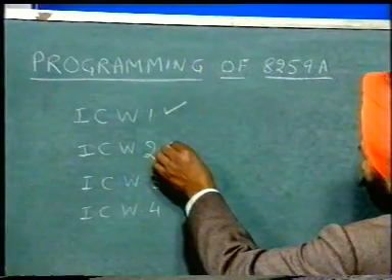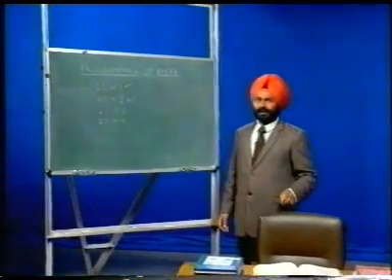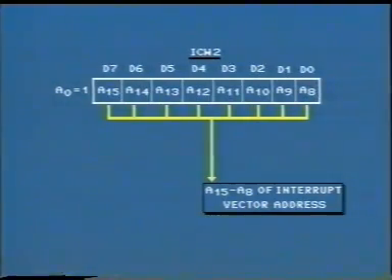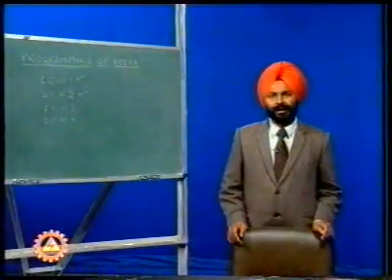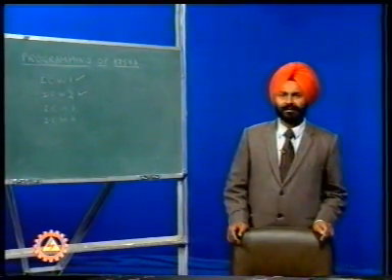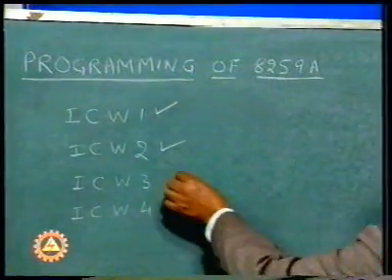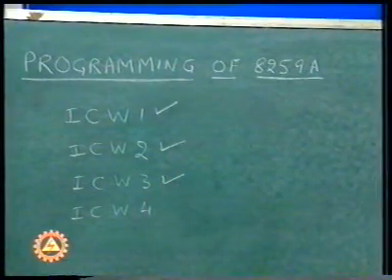Next initialization command word is ICW2. This command word supplies the higher 8 bits of the address vector of the interrupt service routines. The next initialization command word is ICW3. This initialization command word is optional, of course.